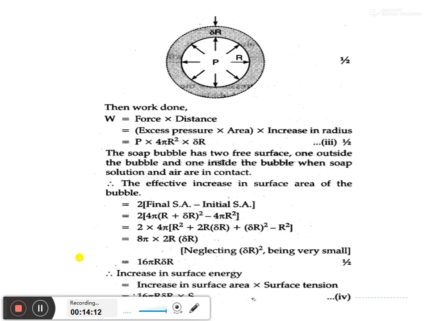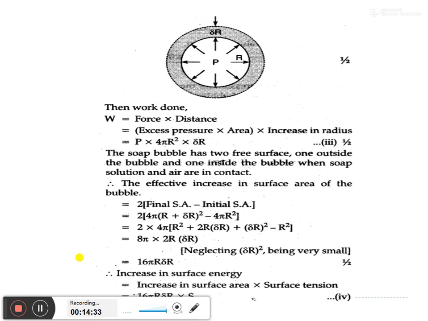So the effective increase in surface area is double the final surface area minus the initial surface area. That is 2 into 4 pi (R plus delta R) squared.